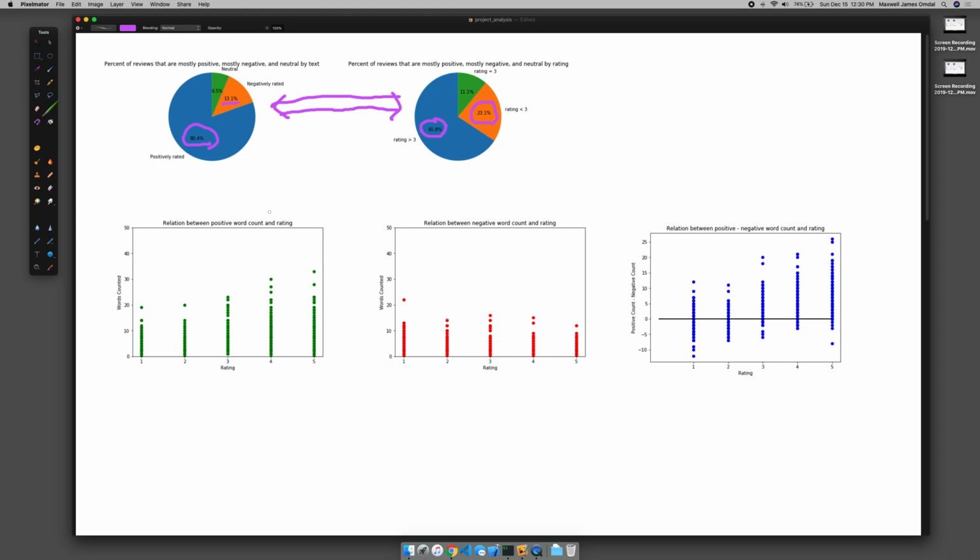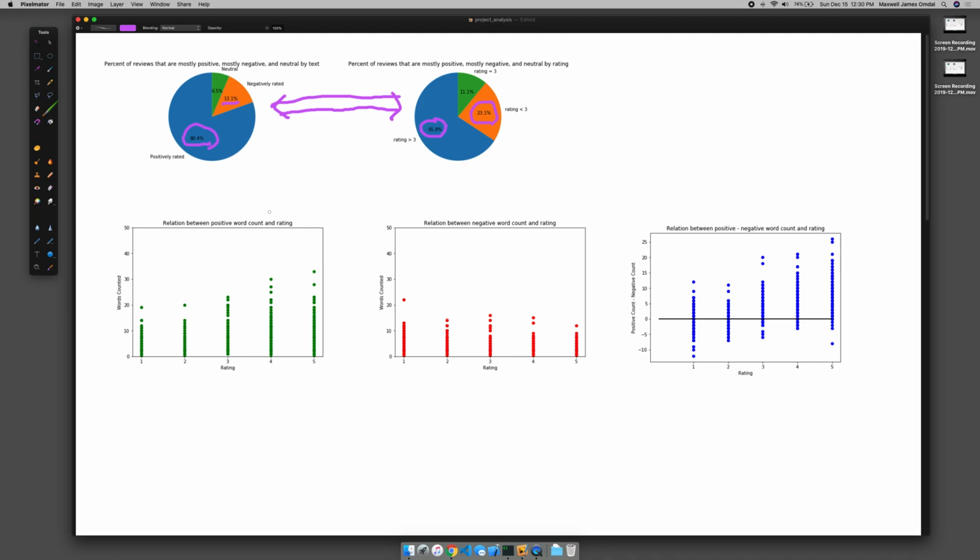One possibility for this would be our lack of checking for negation. A review that gives a business 1 star might repeat several times that this business was not good. We're not checking for that accurately. So we would see that this review uses the word good, and we would determine that it is a positive word, but we would not account for the not in front of it. So that might be one possibility for why we are seeing this.